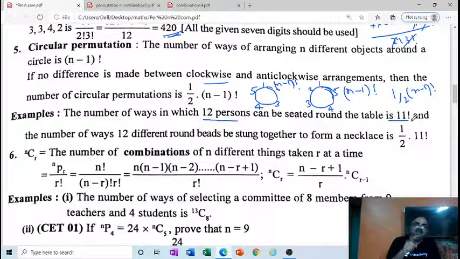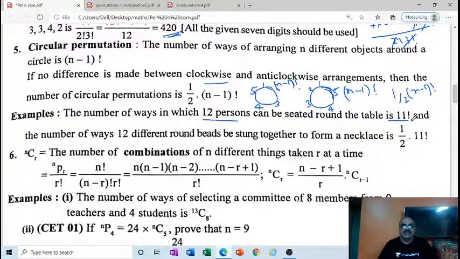And the number of ways of 12 different round beads to be strung together to form a necklace. 12 different round beads. These have to be put in the form of a circle to form a necklace.